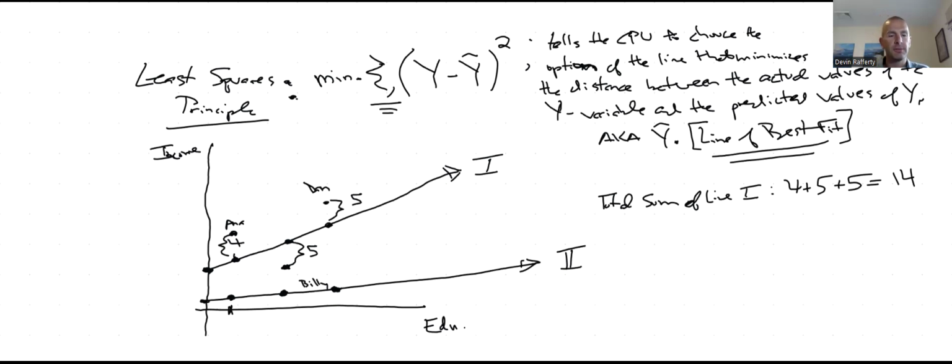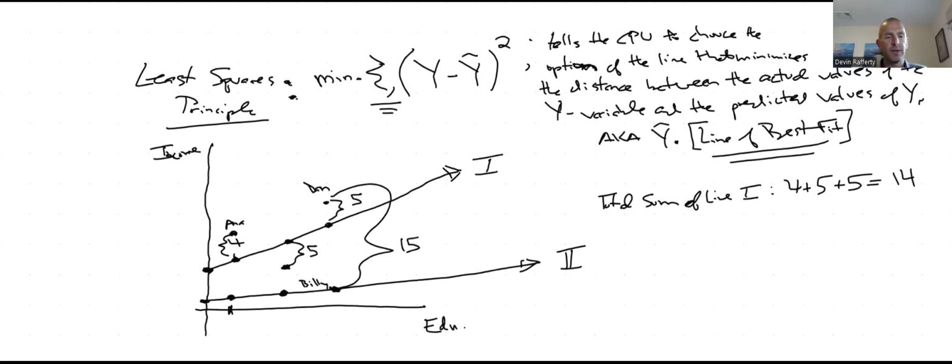Well, here we have a predicted value for Dan. This is Dan's actual income level. This is the actual, this is the predicted. We could call this 15 units, 15 spaces.